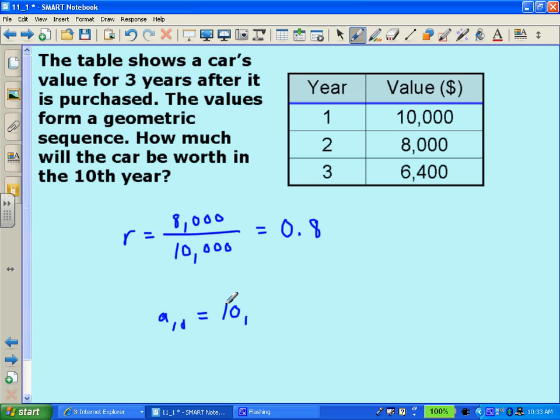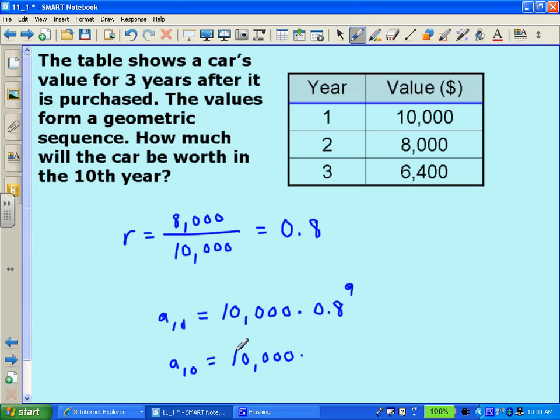Now I want to find the 10th term. So a sub 10 equals my first term, which is 10,000, times my common ratio, which is 0.8, to the 9th power. Remember, it's 10 minus 1. So then I want to do 0.8 to the 9th power. So let's do that.